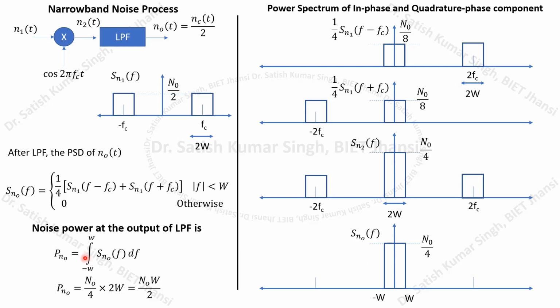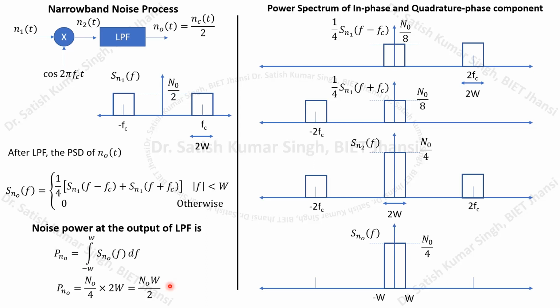We take this output power spectral density function and integrate over the passband of your low pass filter, from minus W to W. Substituting N output F equals N0/4, multiplied with 2W, the power of your output noise process will be equal to N0 multiplied with W divided by 2.